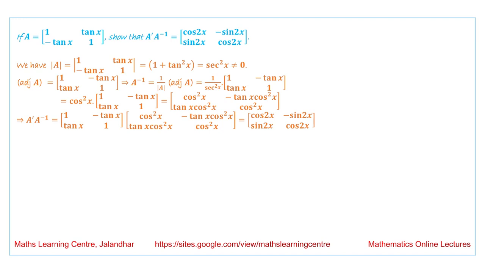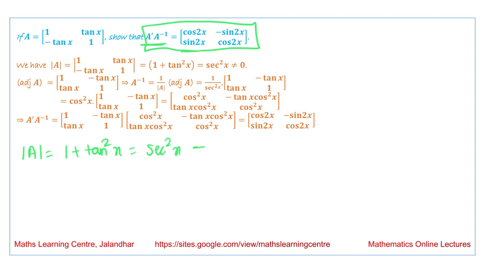Next, if A is equal to this matrix 1, tan x, minus tan x and 1, we have to prove that A transpose into A inverse is equal to this value. First of all, we calculate the determinant of A. That will be equal to 1 plus tan square x, which comes out to be secant square x, and it is not equal to 0.